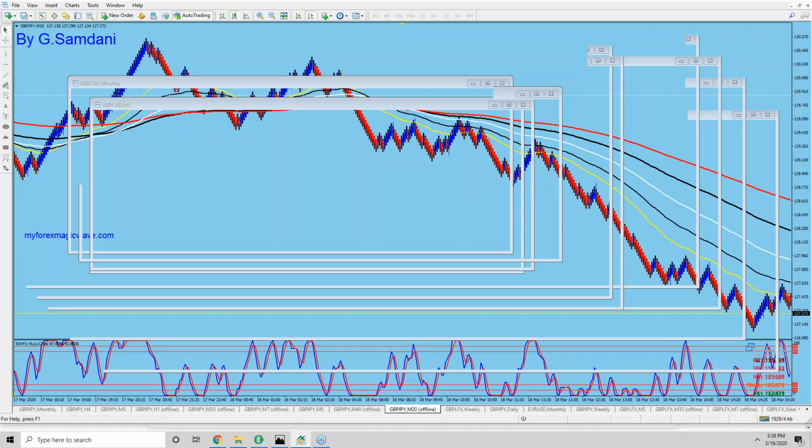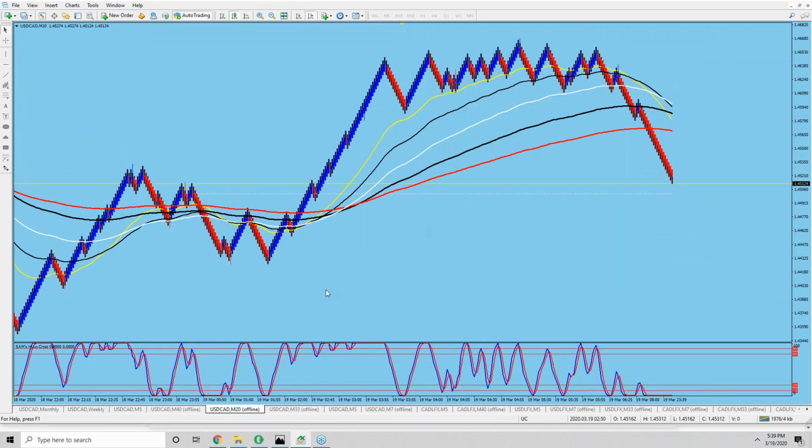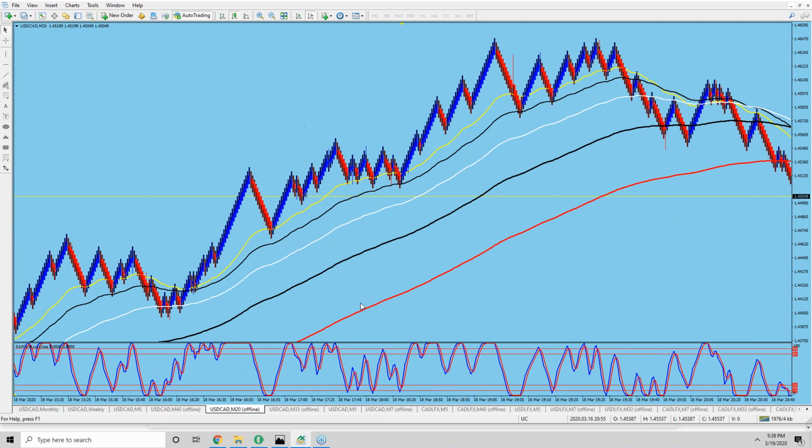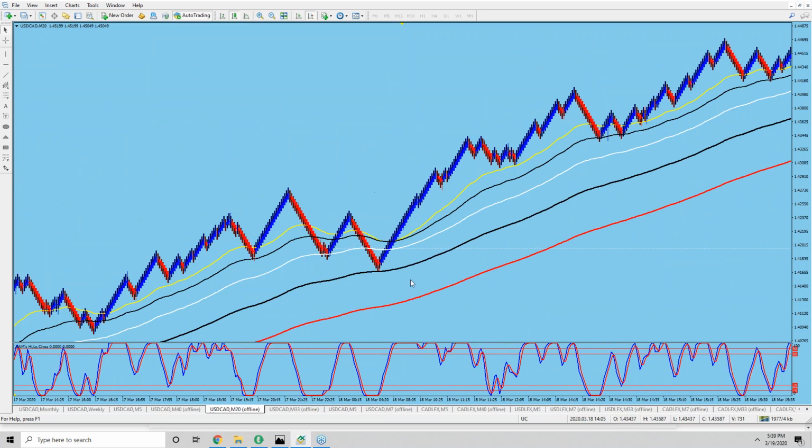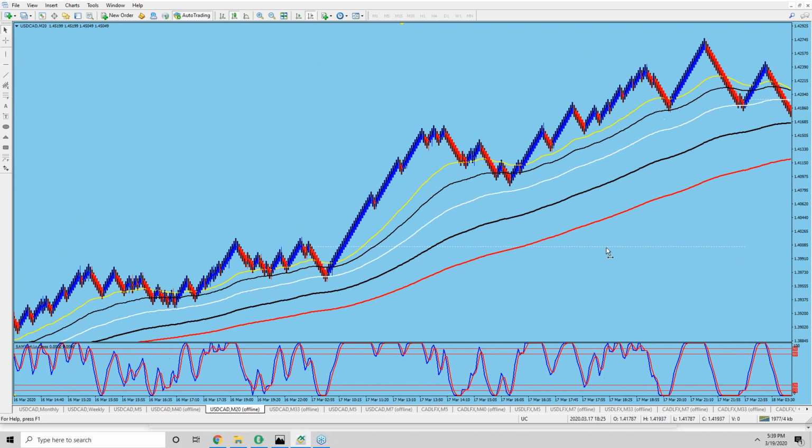It was going up yesterday. I don't know today, but let's see. USD is all very strong, so USD and USD CAD, they were going up, right? So okay, see this big move to the upside, right?